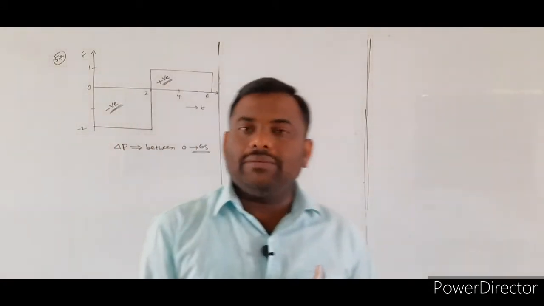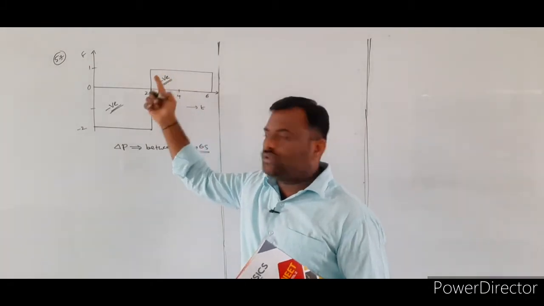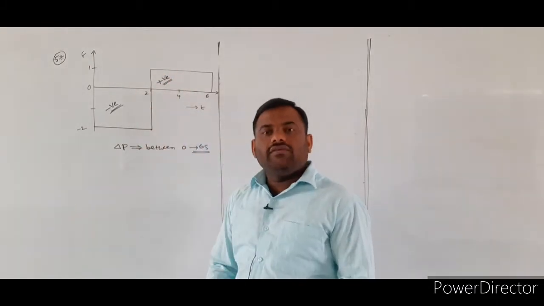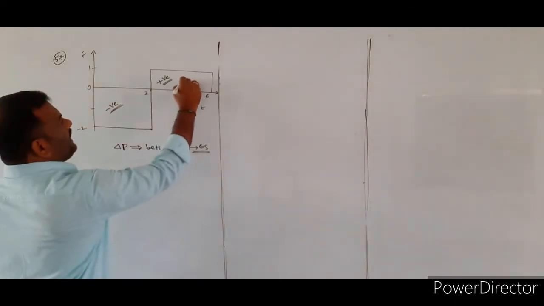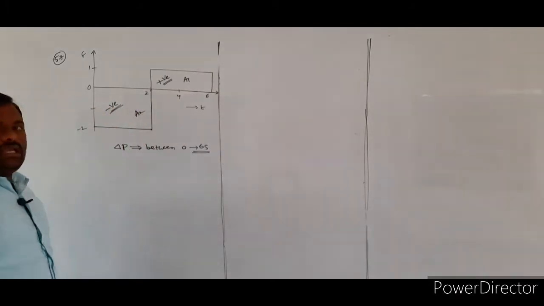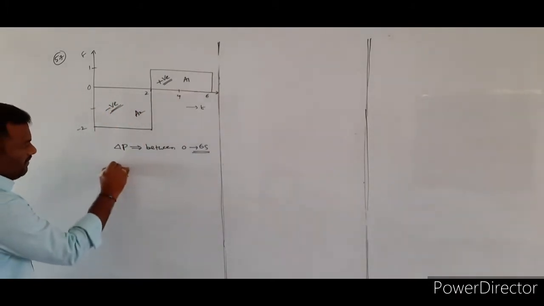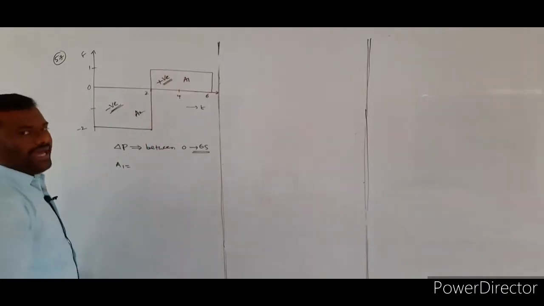So keep in mind, the area above the x-axis will be taken as positive, and the area below the x-axis will be considered a negative value. See here, I am assuming this area value is A1 and this area value is A2. So first I will calculate the area value A1 which is above the positive x-axis.